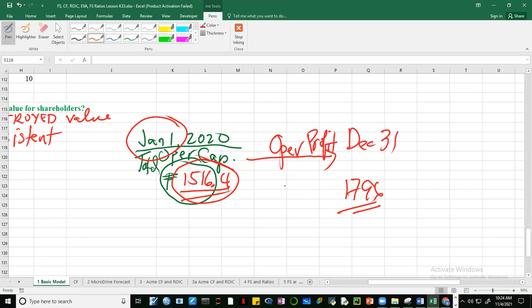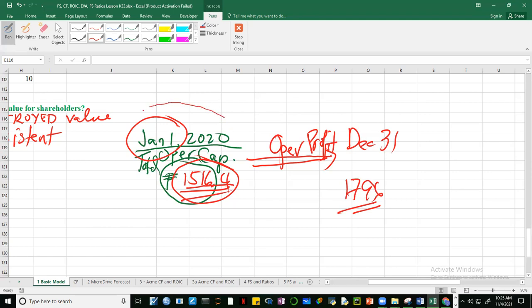Can somebody please answer? Magkano yung operating profit na na-generate natin using this 1516.4 na capital? Kasi guys, we're doing this para mas maintindihan natin kung ano yung mga ratios na minimeasure natin. Otherwise, kung just the formula without appreciating the context, sayang lang.